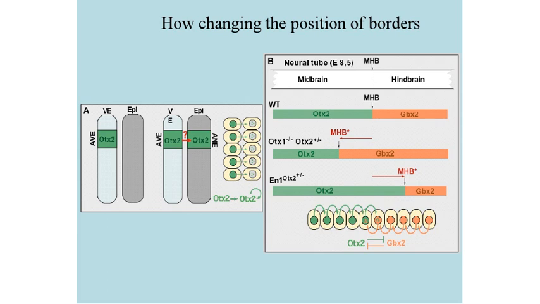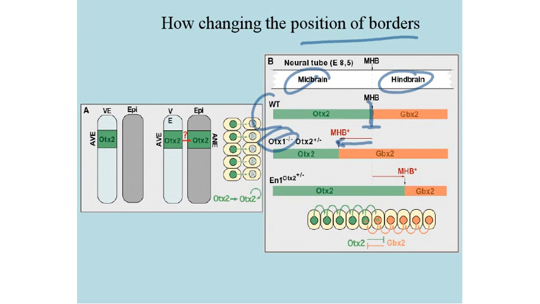Another example is the position of the boundary between the midbrain and the hindbrain. In the normal case, you have a boundary here at a specific location. But if you change the expression of one of these OTX variants, OTX1 here, you see that there is a shift in one direction.